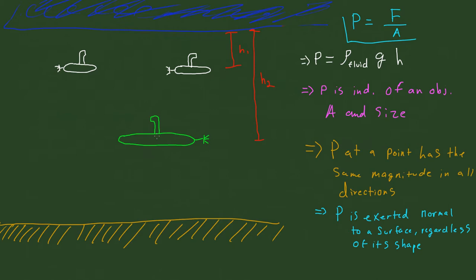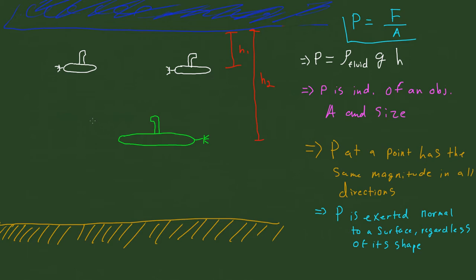Obviously, as we increase H, since gravity is constant and the density of the fluid, whether it's water or air or whatever, is constant, the only thing that's going to change the hydrostatic pressure is H, and so it varies linearly. As the submarines descend and increase their depth, as H increases, the hydrostatic pressure is going to increase, and it varies linearly.